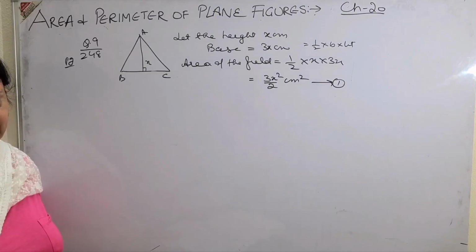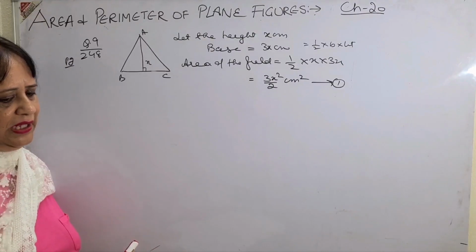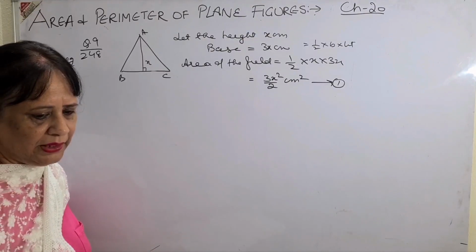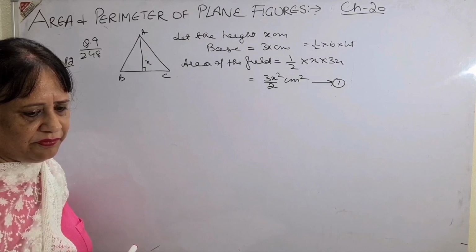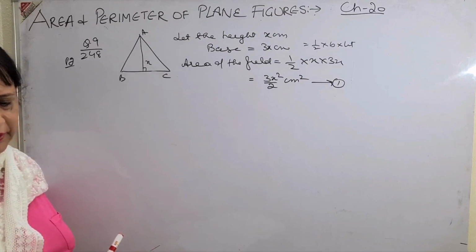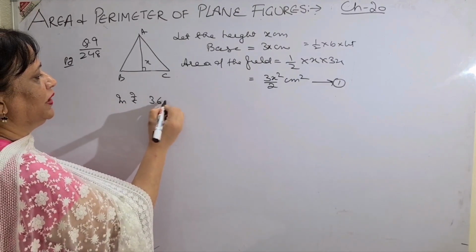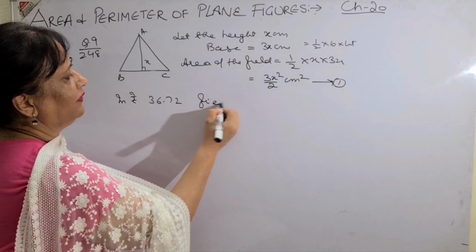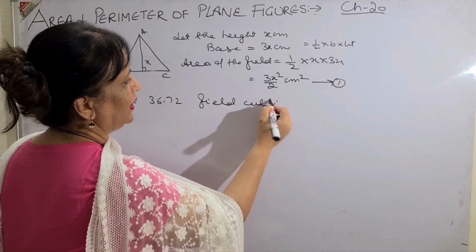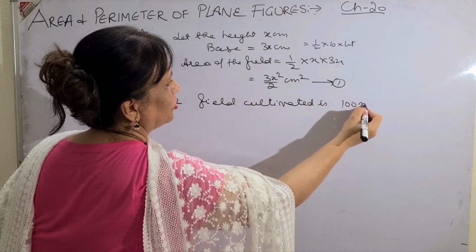Now they have very nicely given the data, and you have done the unitary method before, in 7th as well as in 8th, so we have to apply it here. If the cost of cultivating the field at rupees 36.72 per 100 meter square, means in rupees 36.72 the field cultivated is 100 meter square.